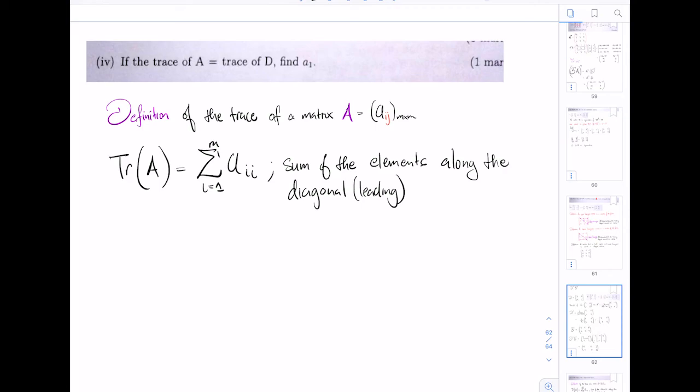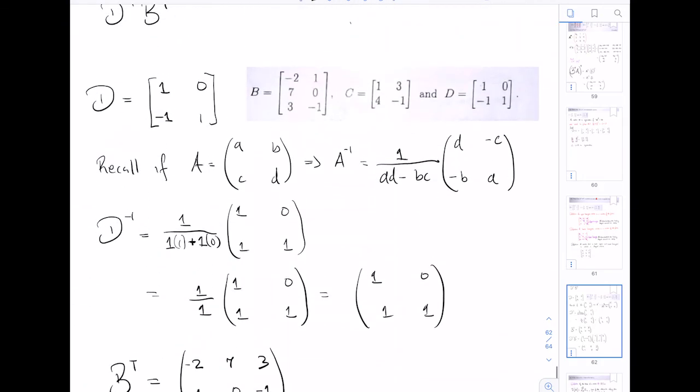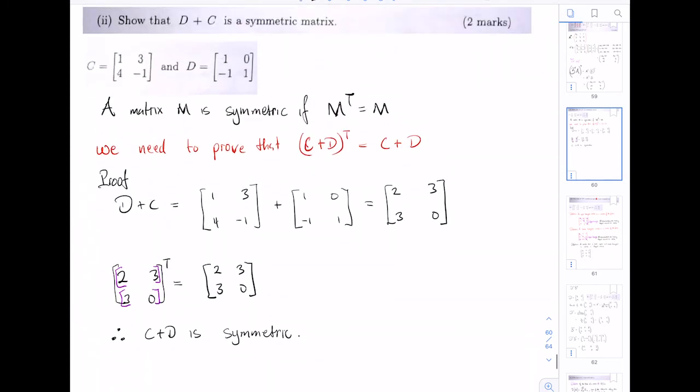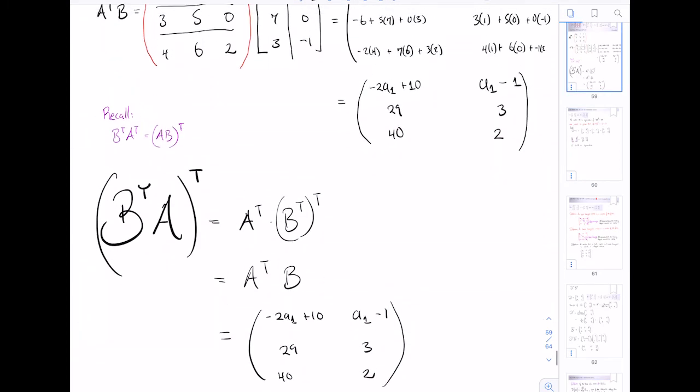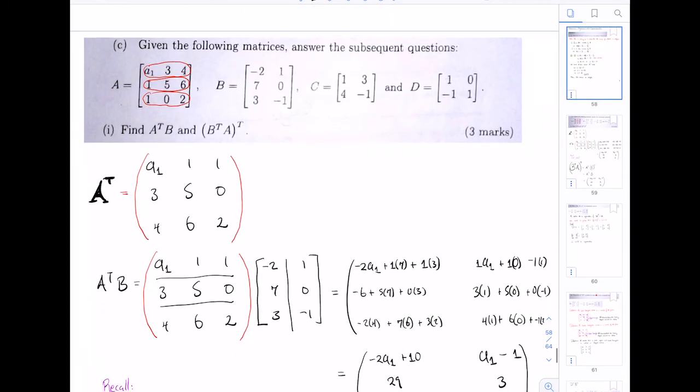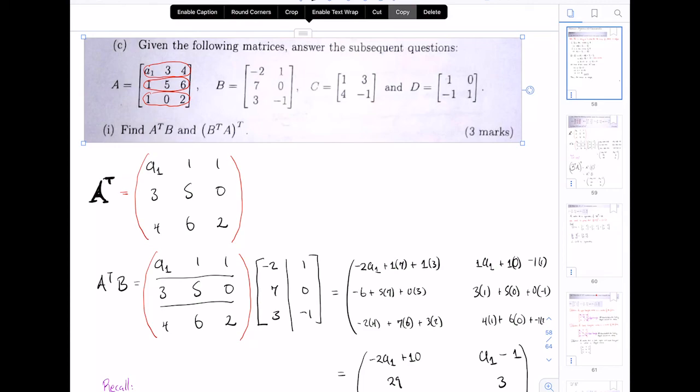So let's write down the matrix for A, or let's copy it.